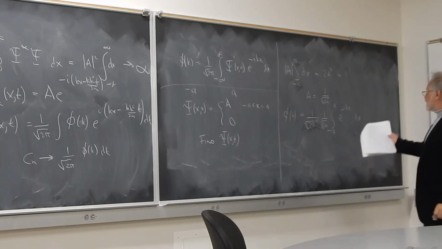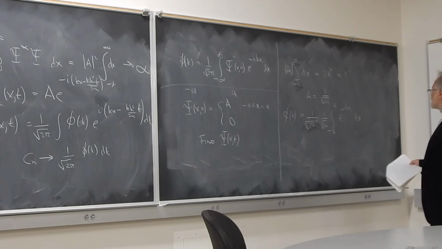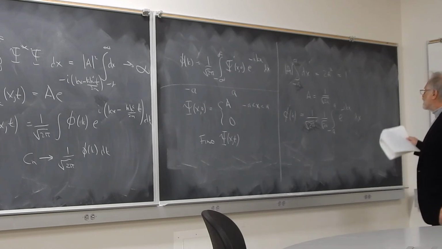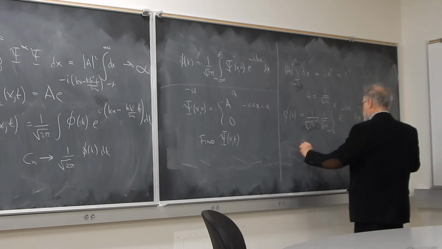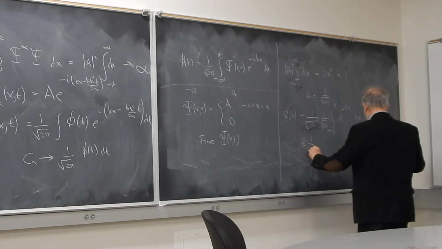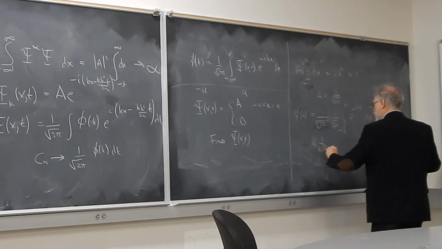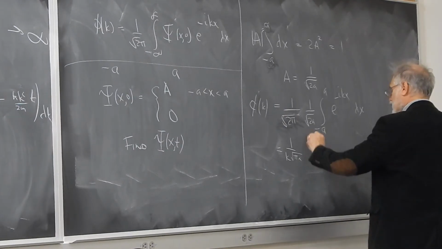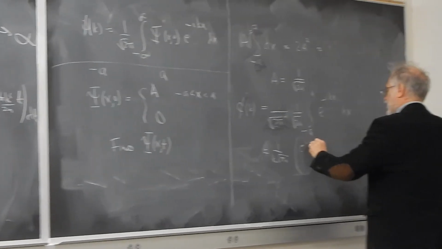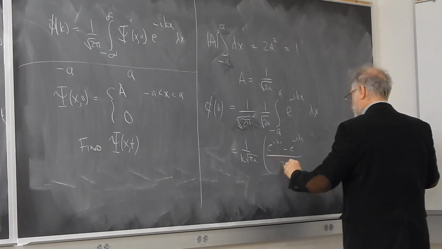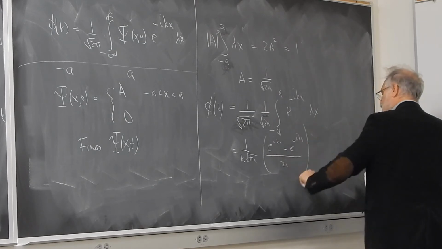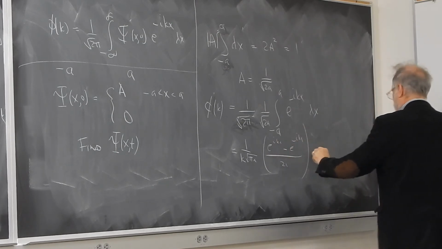Of course, the integral of that is e to the minus i kx over minus ik, evaluated between minus a and a. And that's going to give me 1 over k square root of pi a, e to the i ka minus e to the minus i ka, all divided by 2i, which of course we recognize as the sine.